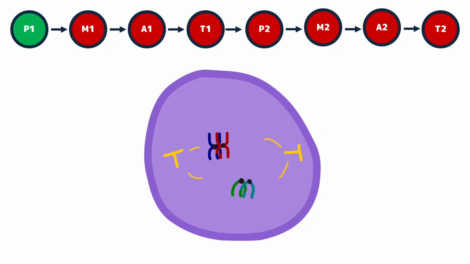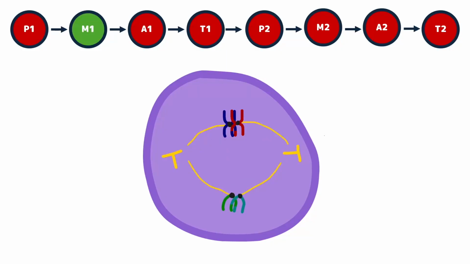In metaphase 1, as we mentioned before, the actual bivalent structures are now aligned to the middle of the cell, to the metaphase plate.